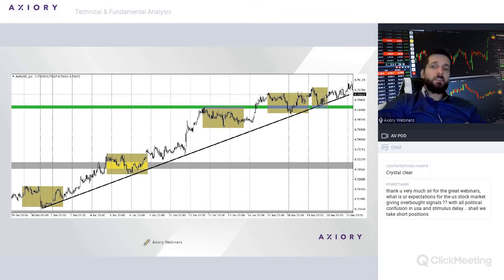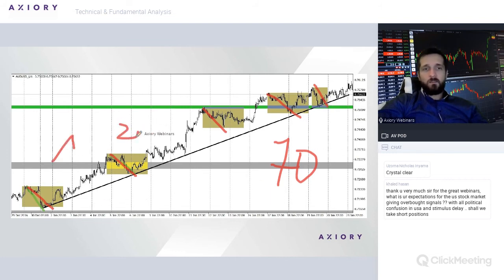The same here. I also remember this few years ago, excellent trade on Australian dollar to American dollar. And this instrument was having bearish corrections here. And you can see those corrections were more or less 70 pips. 70 pips, 69, 72, 69, 70, etc. And here we have 1, 2, 3, 4, 5.